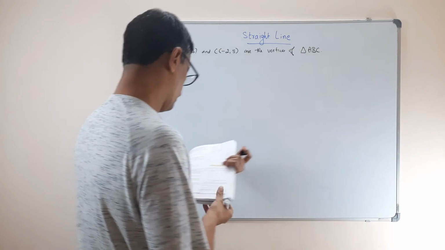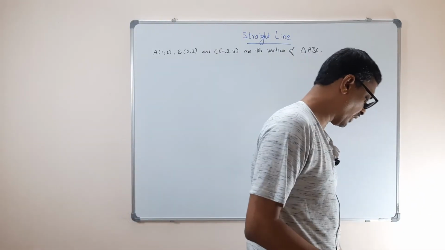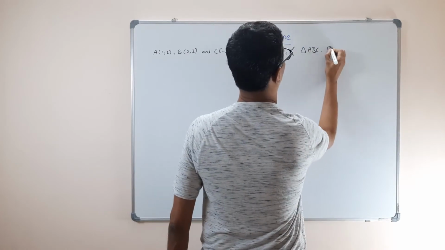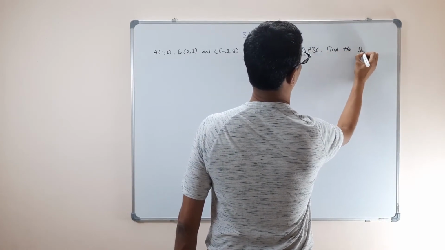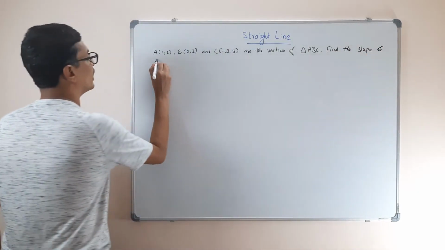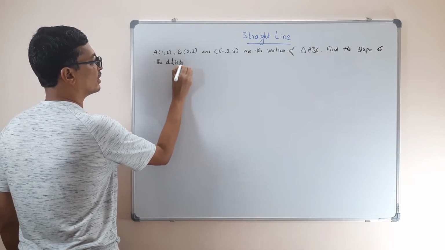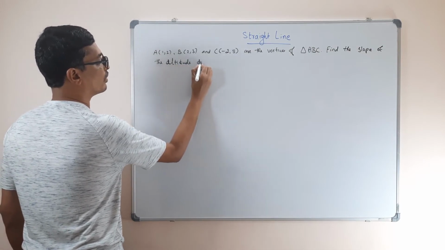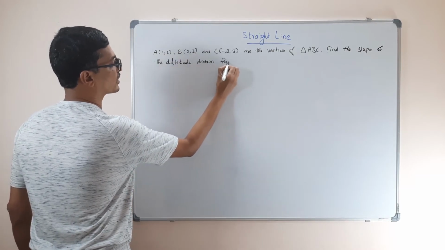Find the slope of the altitude drawn from A. You understand what the problem is?